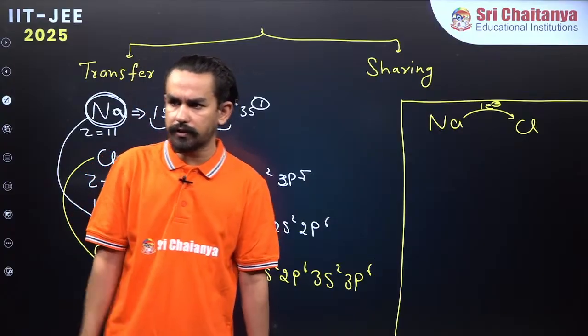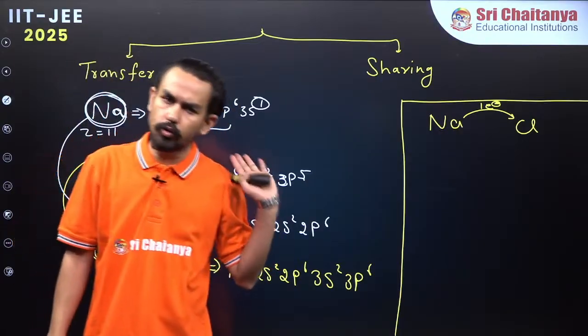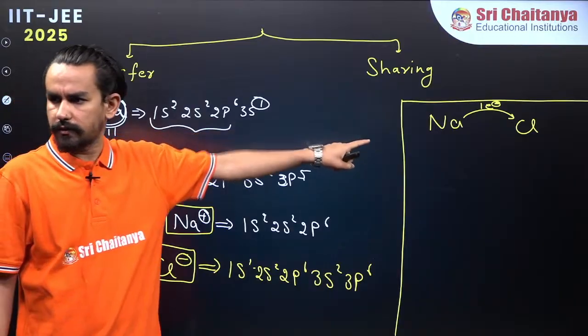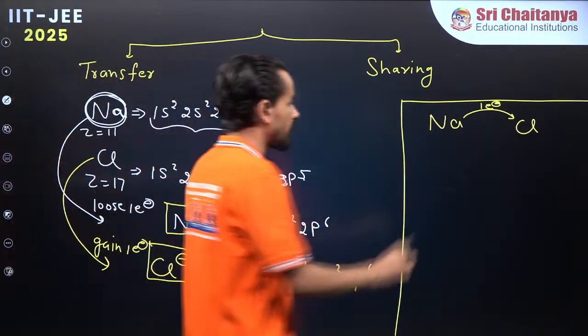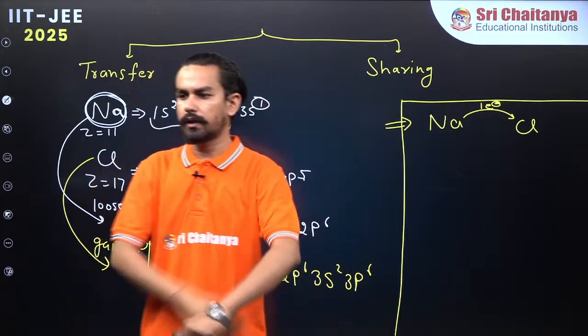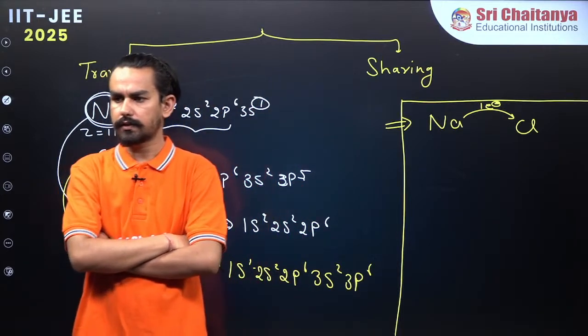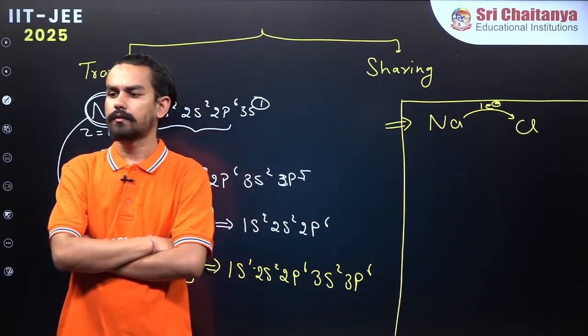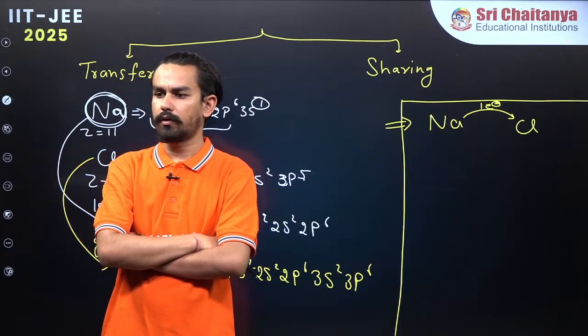Will both of them become stable? Because sodium needs to lose 1 and chlorine needs to gain 1. Can this kind of transfer take place? Say yes or no. Yes, very good.